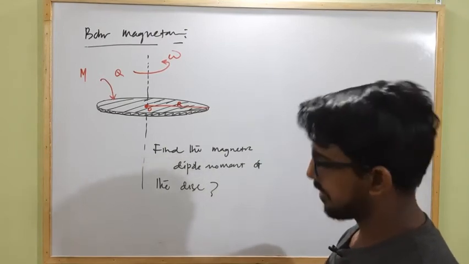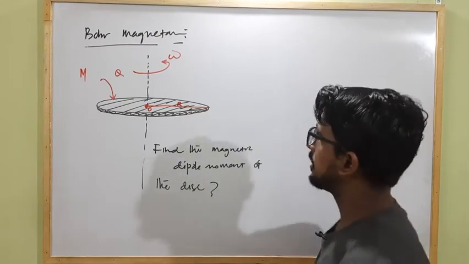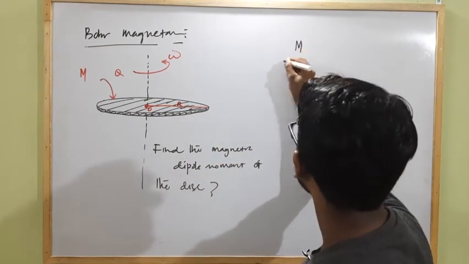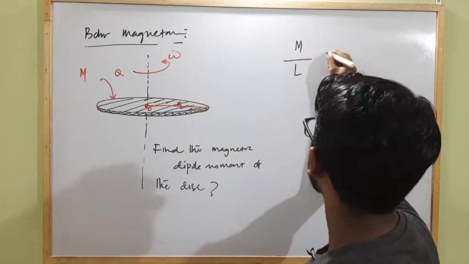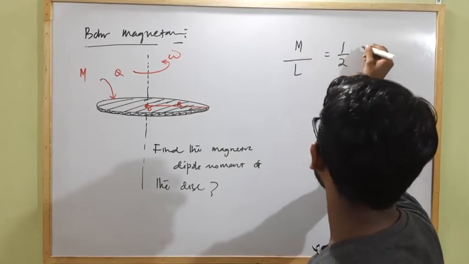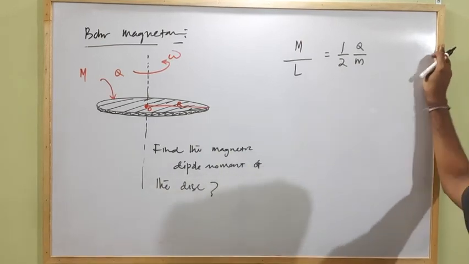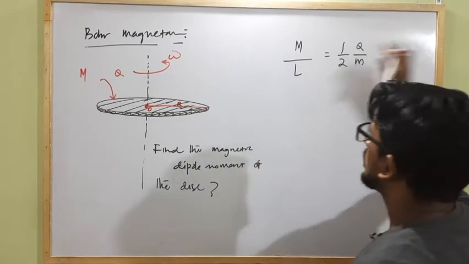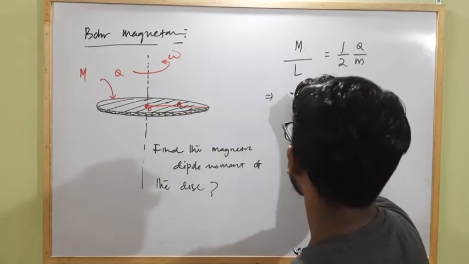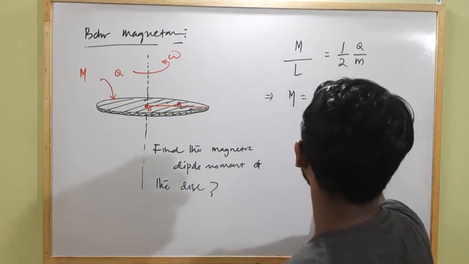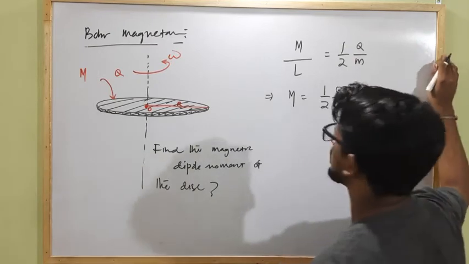As we already discussed previously, the ratio of magnetic dipole moment to angular momentum is half into total charge by total mass of the body. So the magnetic dipole moment M equals half into total charge by total mass into the angular momentum of the body.